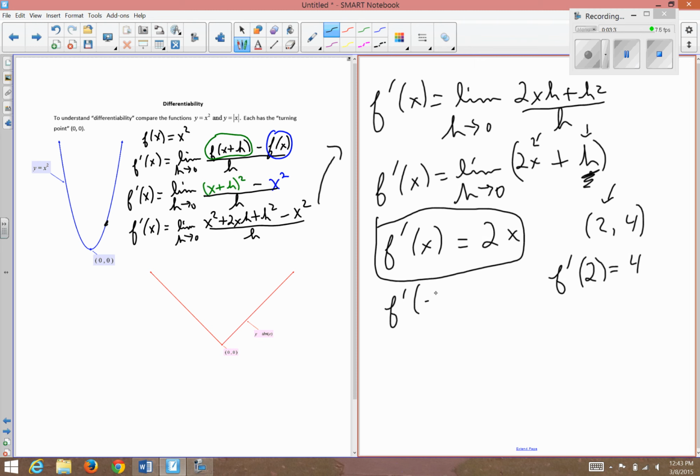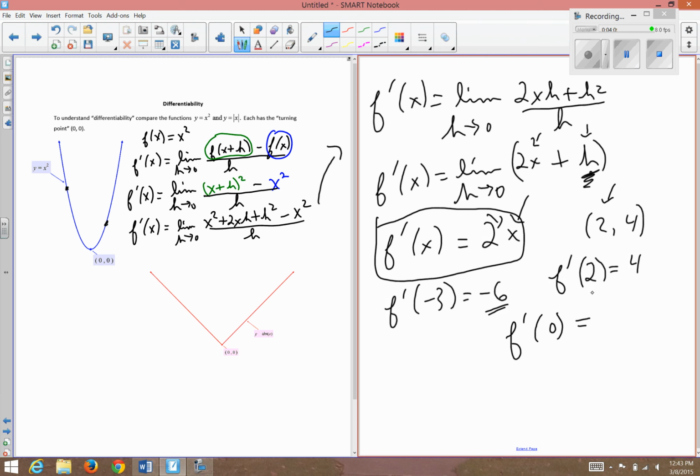The derivative at negative 3 would be 2 times negative 3. Meaning if we go over to negative 3 on this graph, where x is negative 3, make a tangent line at that point, it would have a slope negative 6.